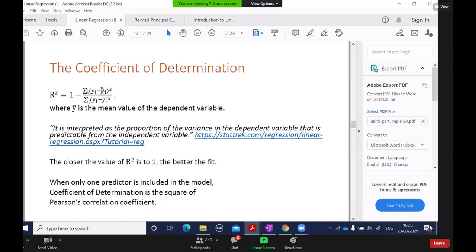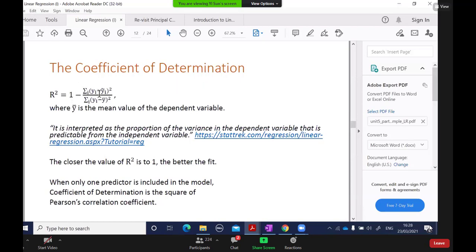Here we have predictions. When predictions are equal to the actual observations, we say we have a very good best fit, or perfect fit. So this term is equal to 0, and then the whole thing is equal to 0. That means R2, R to the power of 2, the coefficient of determination, is equal to 1.